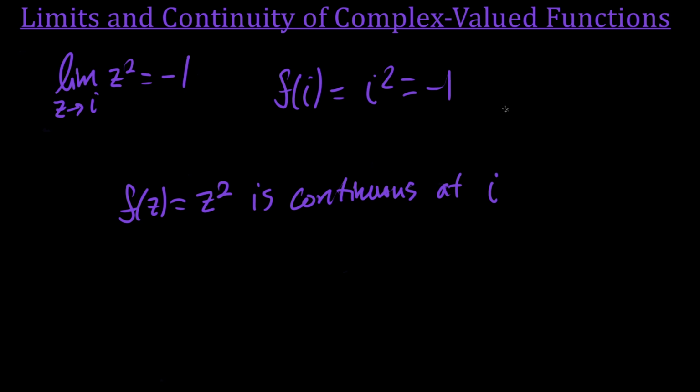This is using the first definition of continuity that we went over, which is that if the limit of f of z as z approaches z0 equals f of z0, then f of z is continuous at z0. Since we already have this limit figured out, we can use that simple definition to figure out that f of z is continuous at the point i. So that's just a quick example of continuity.